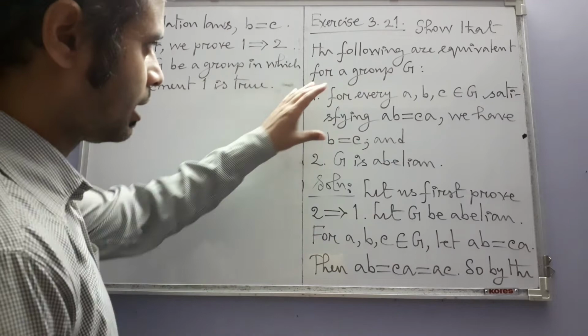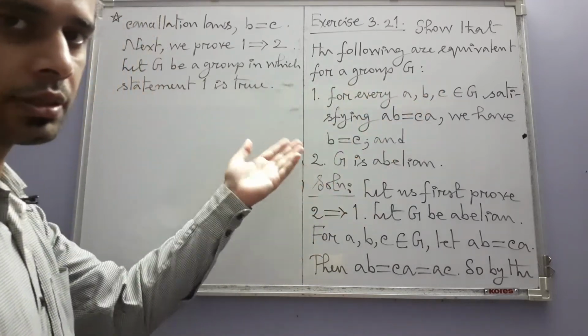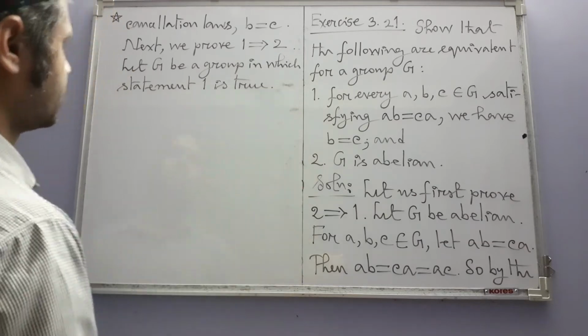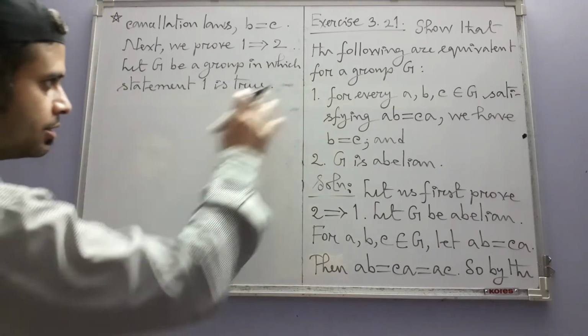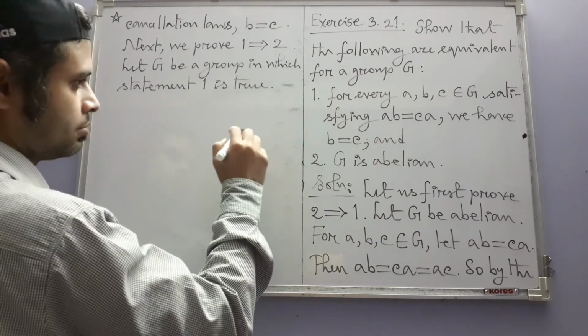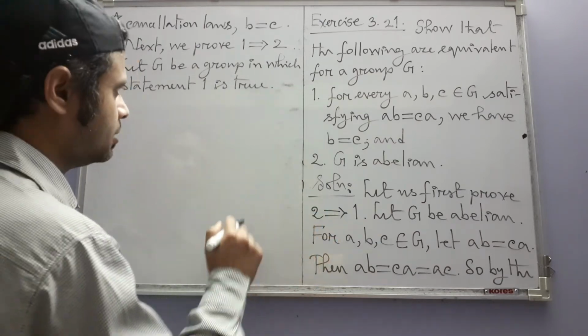There is no need to write all these things because it's already there and it has a name, statement 1. So let G be a group in which these things are true. Now we need to prove that G is abelian.